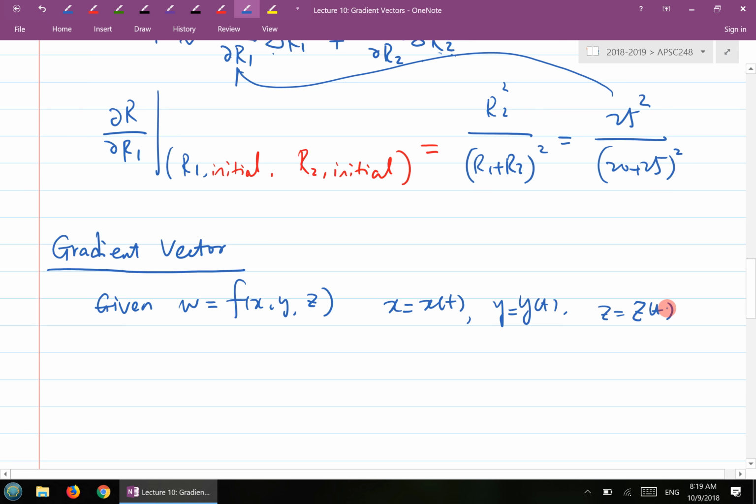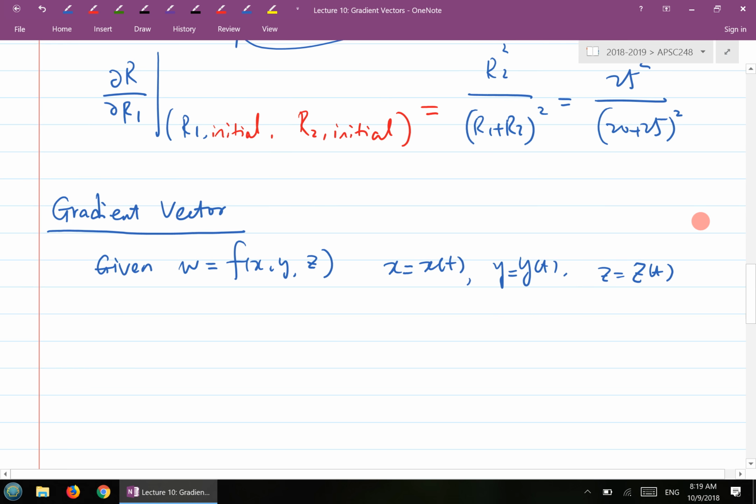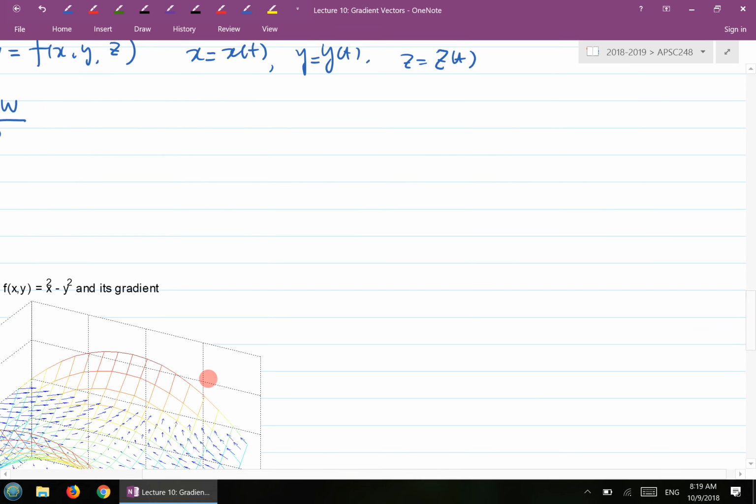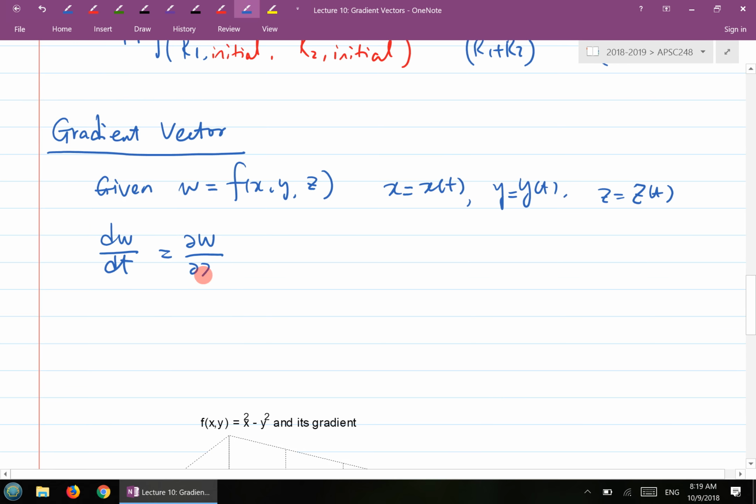If I'm going to calculate the derivative of w with respect to t, I can use the chain rule as we learned in the previous lecture. The chain rule says you calculate the partial derivative of w with respect to x first.